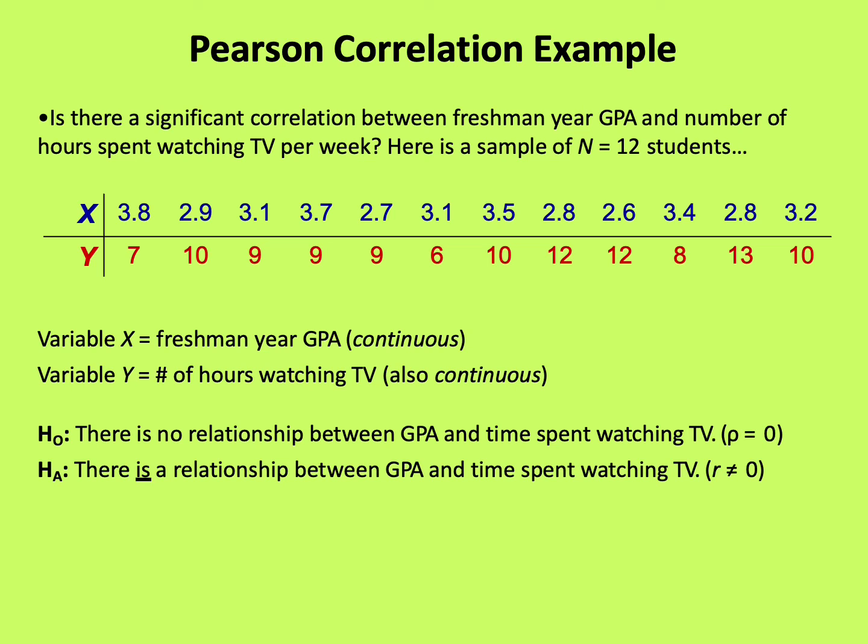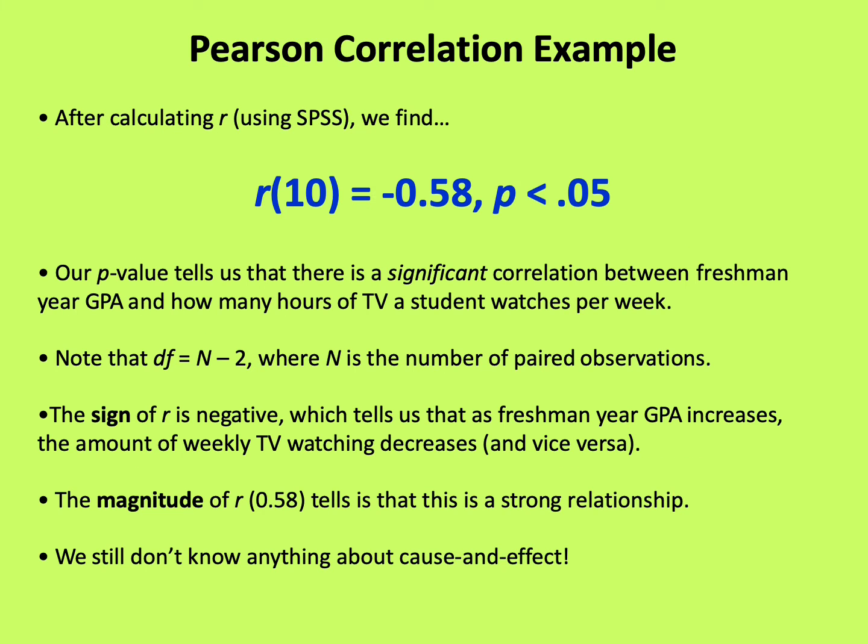Okay? So let's suppose we enter this data into SPSS, and you guys will learn how to do this for both correlation and regression when you complete your SPSS tutorial this week. But let's suppose this is what SPSS gives us. We have an R of negative 0.58, and our p-value is less than 0.05.